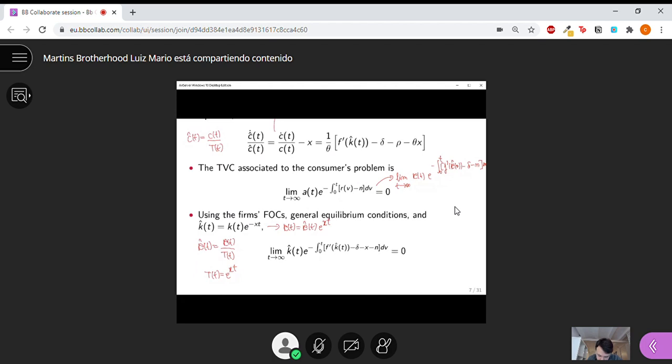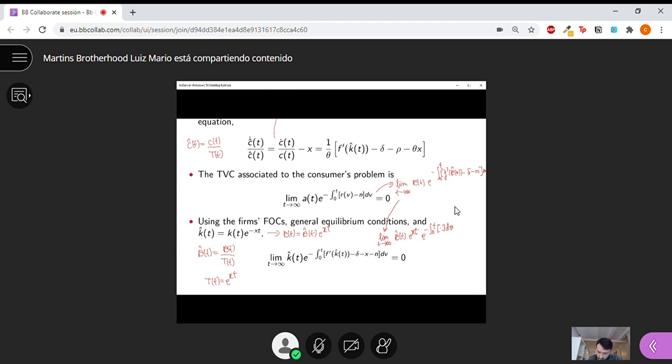So this here, let me do it step by step. I'm gonna substitute this k here. Then we have k hat. So it will be k hat of t, exponential of xt times exponential of minus something here.